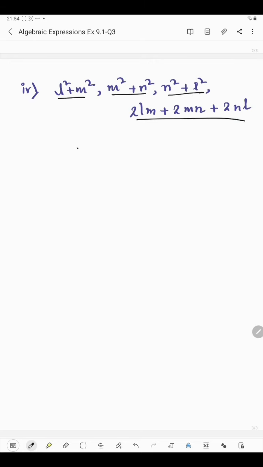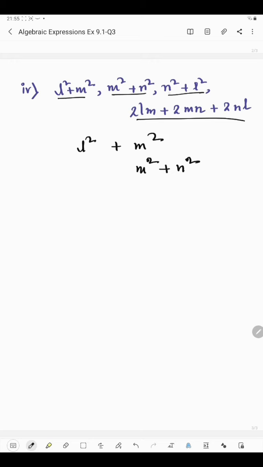In the first expression we have l square plus m square. Okay, now in the next expression we have m square, so m square is here, so we'll put it below m square. Okay, plus n square. Now the n square term is not present over here, so we'll put it at the end, not below any variable.